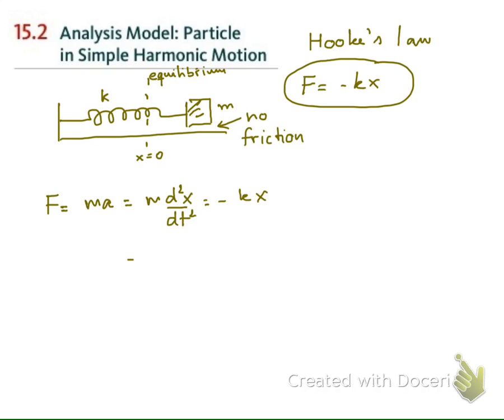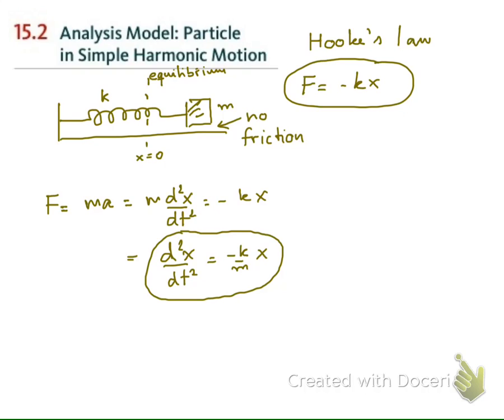Or we have d squared x by dt squared equals minus k over m times x. So we have this differential equation to solve. We may solve this equation directly, but here we will guess what the solution of this equation should be.